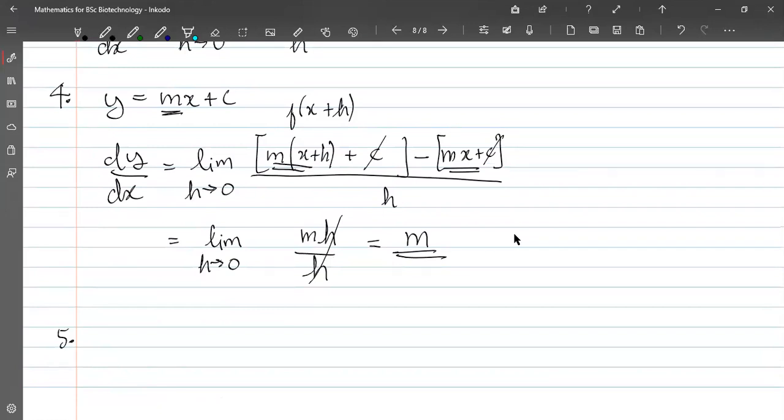I would like you to do this as an exercise. Take 2 minutes and do this as an exercise. Y is equal to x power 4.